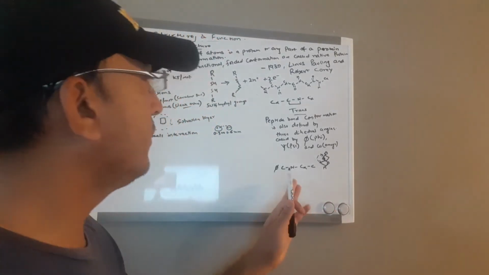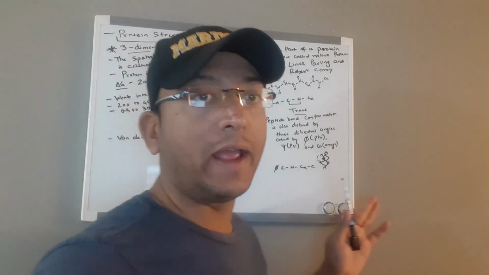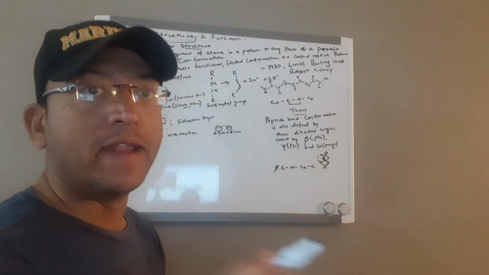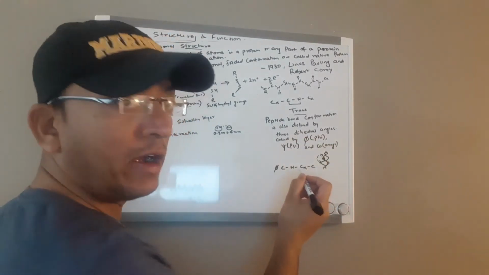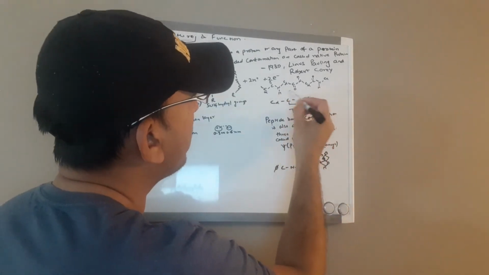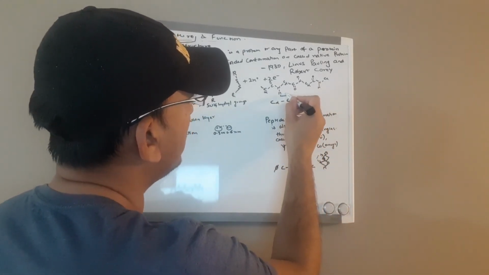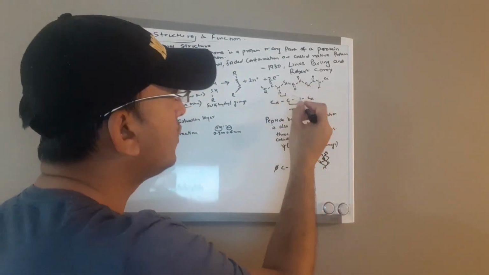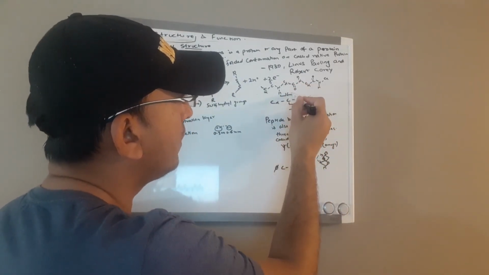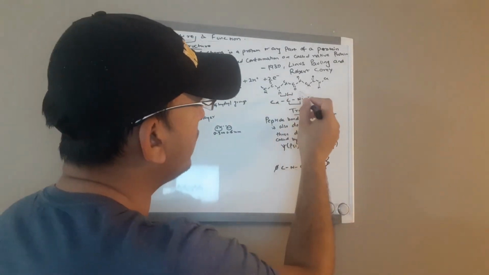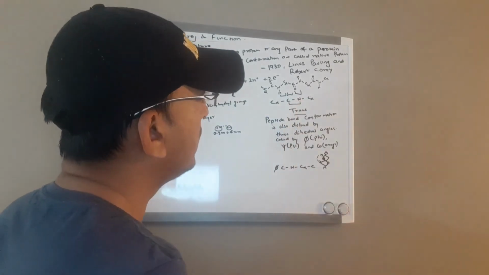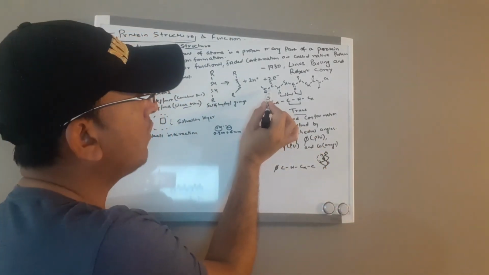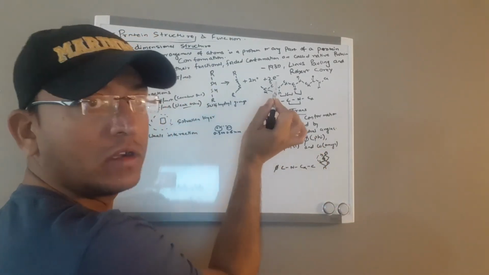So this phi, the dihedral angle, rotates on nitrogen to carbon alpha. From here, nitrogen to carbon alpha, then carbon alpha to carbon, right? And then carbon to nitrogen. So this is a rotating plane. I will draw it here.